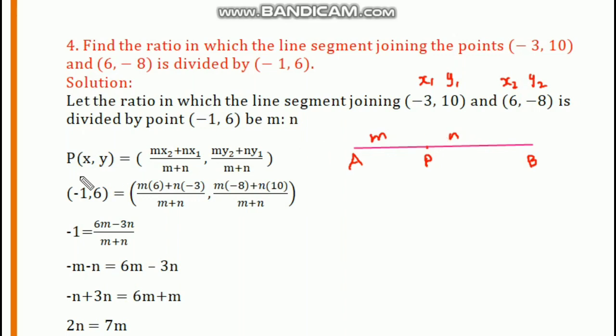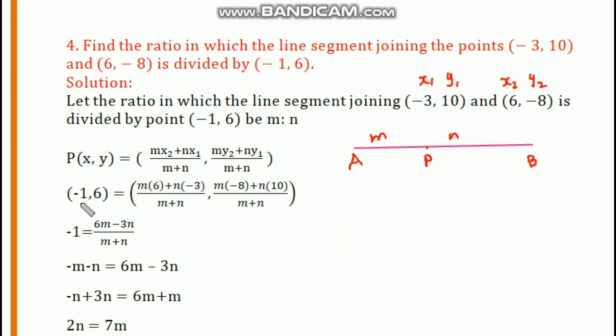By using the section formula. So we know the section formula: P(x, y) equals (mx2 + nx1)/(m + n), (my2 + ny1)/(m + n). We know the values of x1, x2 and y1, y2 and the point also.